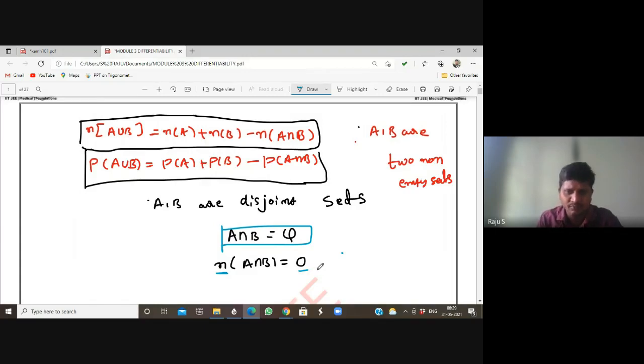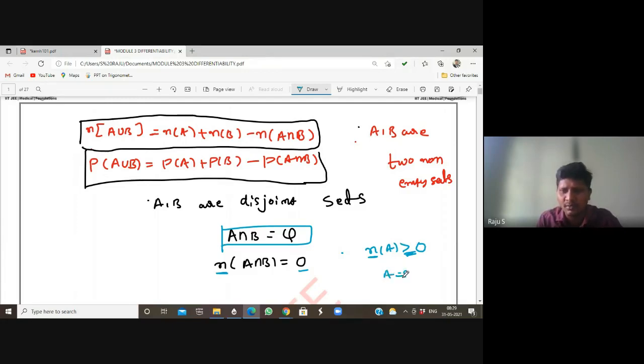Remember it should not be a negative value either. n of A for any set must be greater than or equal to 0. If A is the empty set, we get the answer 0. If A is a non-empty set, we get an answer greater than 0.